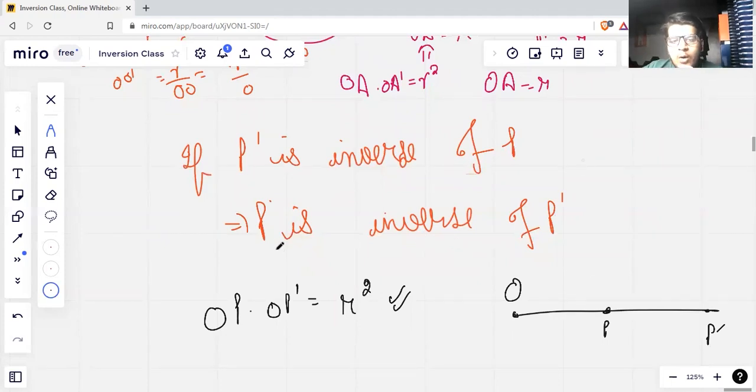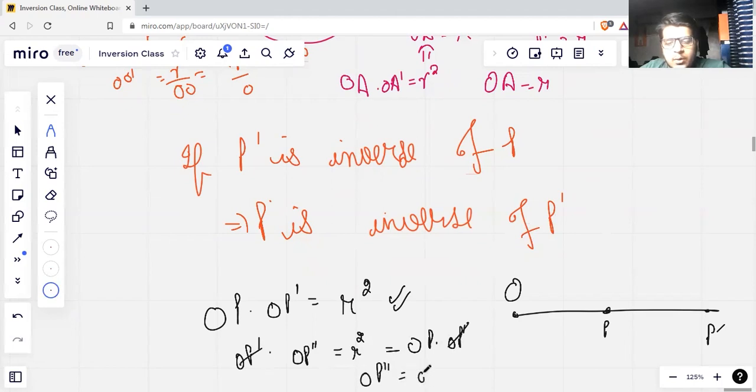And now how do we show that P is the inverse of P dash? This just follows. You can just write OP dash into, let's say the inverse of P dash is P double dash, this should be R square. But we know R square is also equal to OP into OP dash. So we just get OP double dash equal to OP.